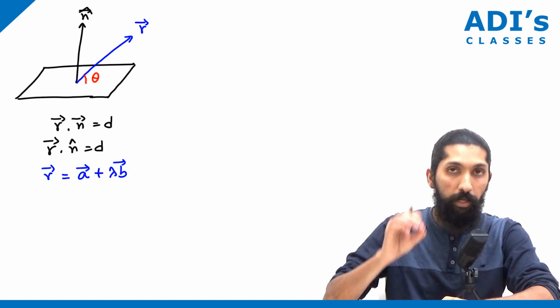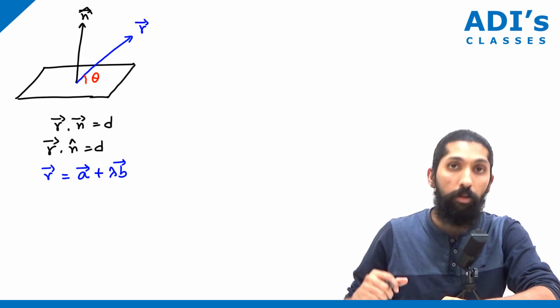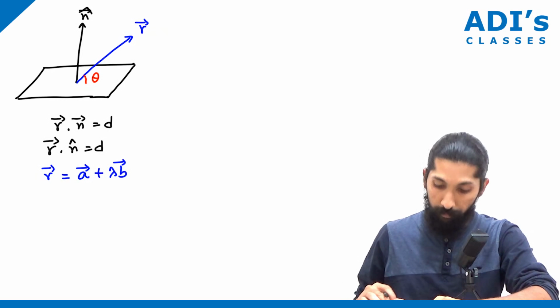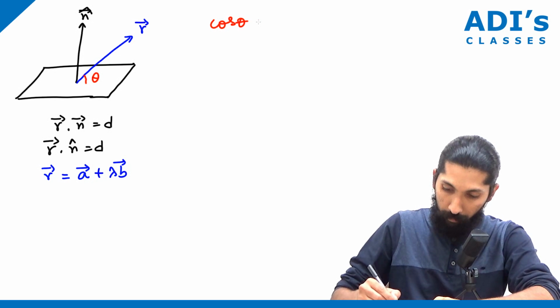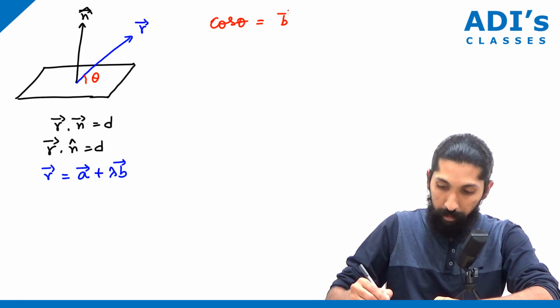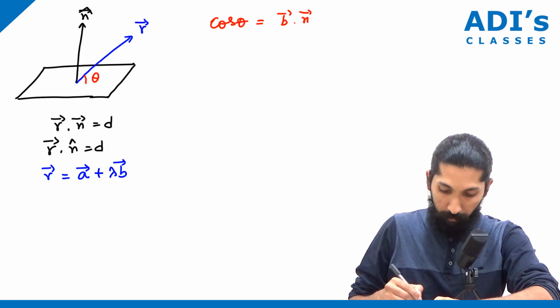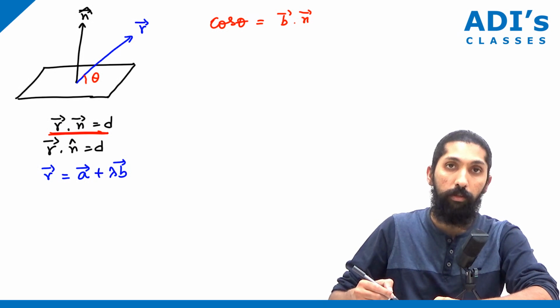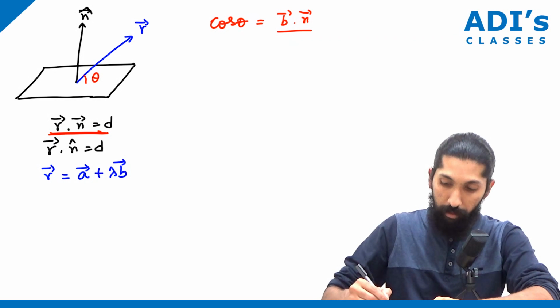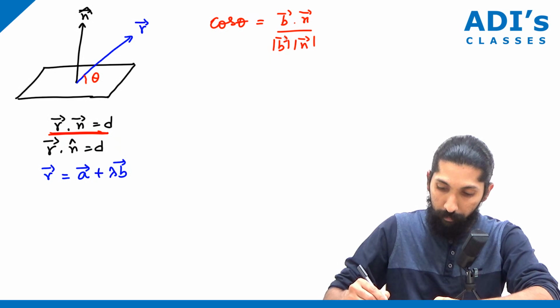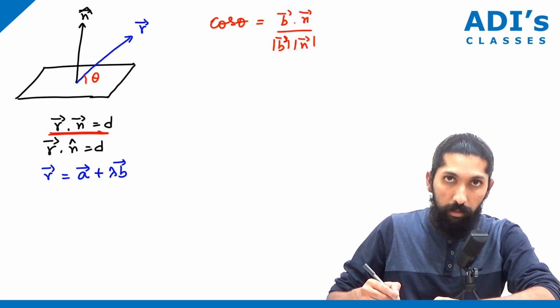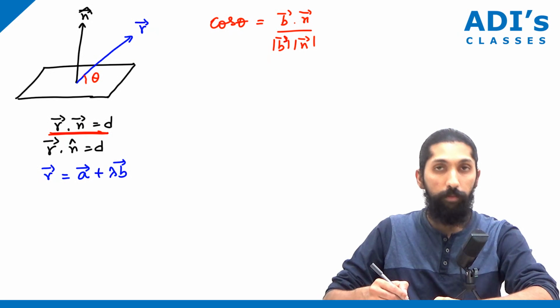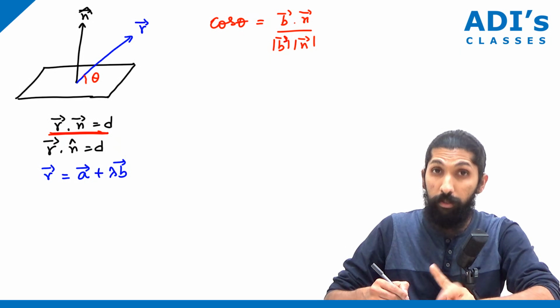Fair enough? Now, to find the angle here, again we go for cos theta. So cos theta is equal to vector b dot vector n, using this particular formula: b dot n divided by mod of b into mod of n. This is going to give us cos theta, right? But if you look at the figure, we are not exactly looking at the theta value here, correct?